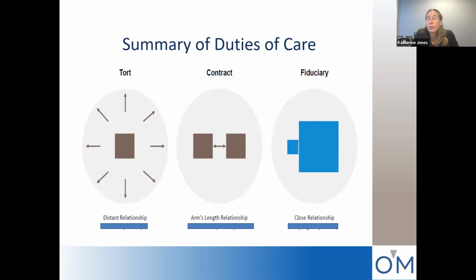And so you're going to have a different type of relationship. So unlike the contract where you're equal and you each can come to your own terms, in the fiduciary relationship, one party has less power in the bargaining relationship and less knowledge about the subject matter of the contract.